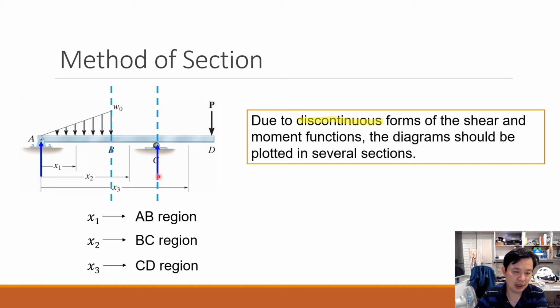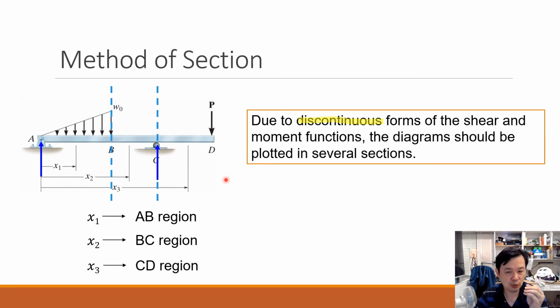If you have a simply supported beam with a concentrated moment at C, at D, or just like this, your distributed load starts from here to B and then disappears suddenly at this point. So these kinds of conditions, like the conditions at B, C, and D, all belong to discontinuous form.